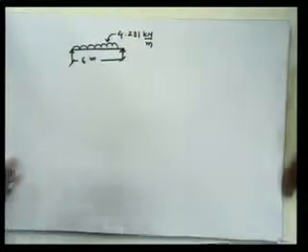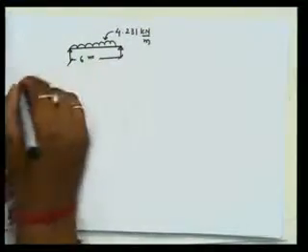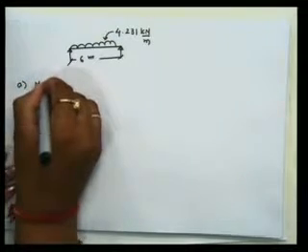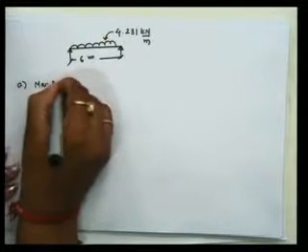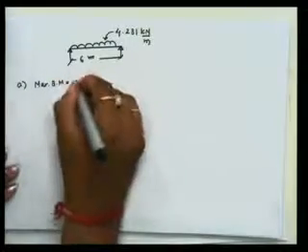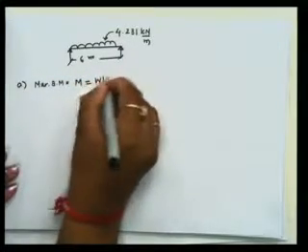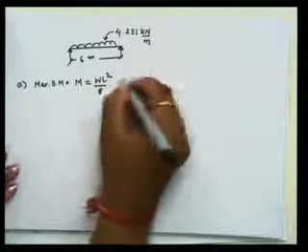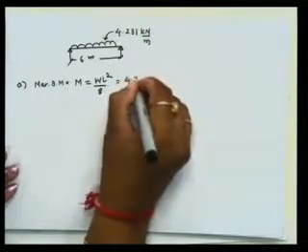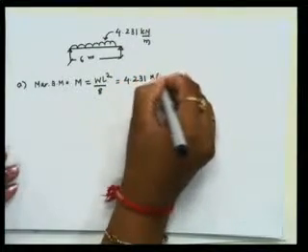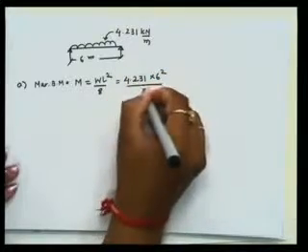So we can say that the maximum bending moment M is nothing but WL square by 8. So that is equal to 4.231 into 6 square divided by 8.